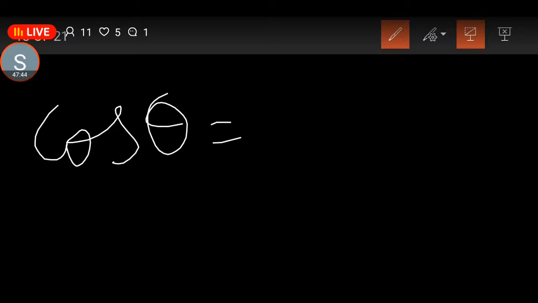We derived it in the triangle law; now I am doing it in the parallelogram law itself. The theta is the angle between AC and AD, right?